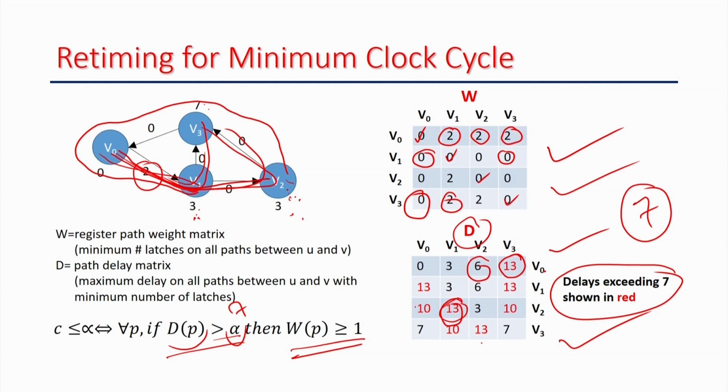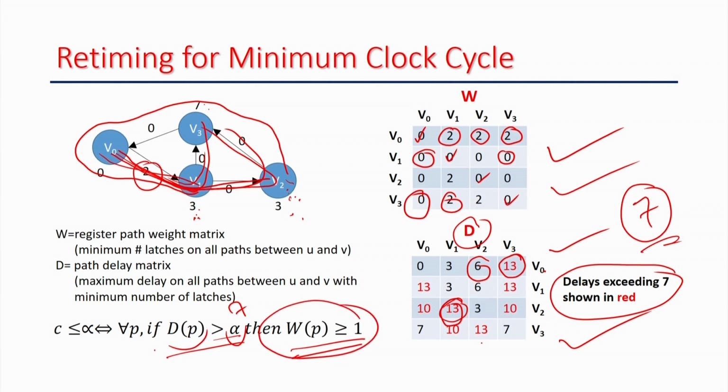There are 1, 2, 3, 4, 5, 6, 7, 8 paths here. Those paths fail to satisfy the target clock period, which is 7 in our case, and we need at least one register on those paths to break the critical path. This is given by the critical path constraint.